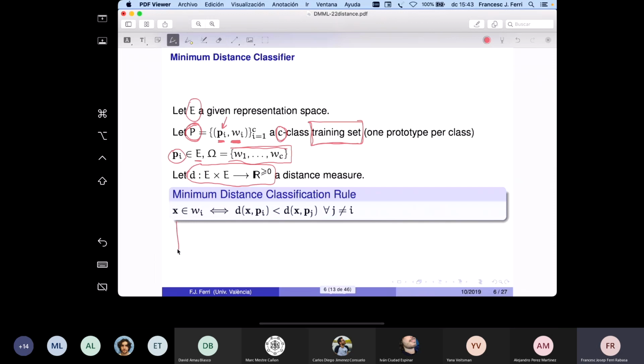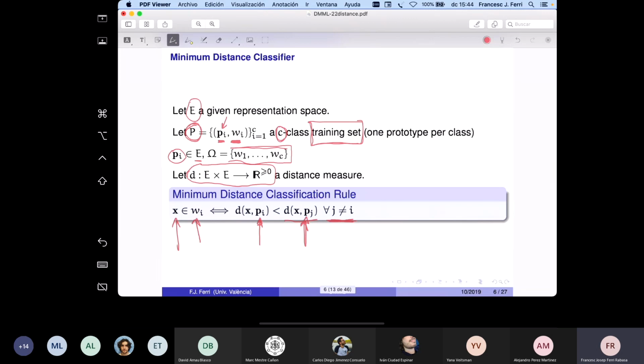Any input X belongs to class I if and only if the distance from X to the prototype of class I is smaller than the distance to any other prototype from other classes. If this happens, then we assign X to I. Okay?